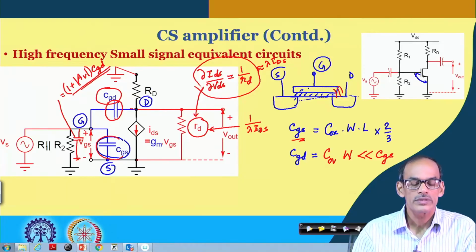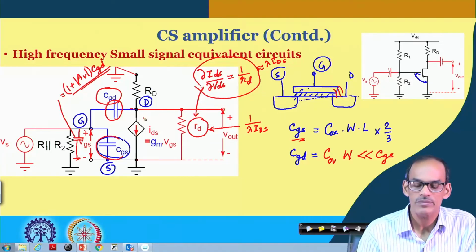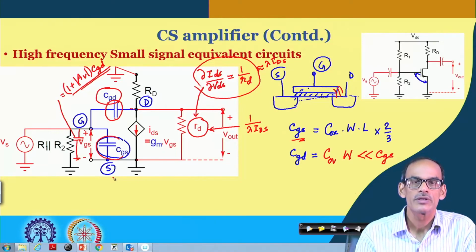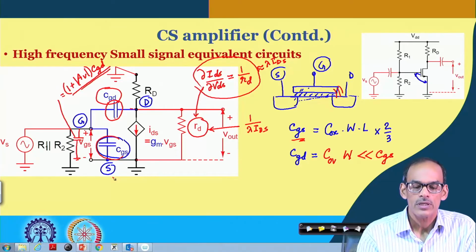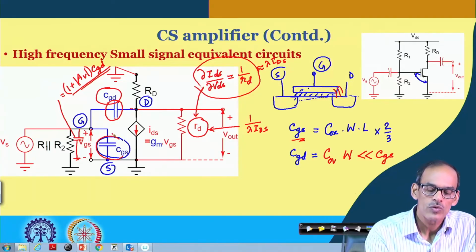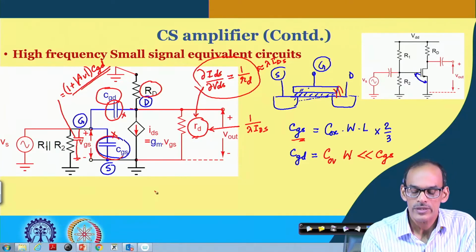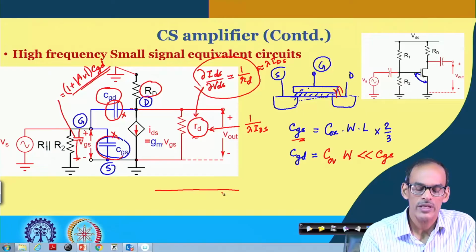So, as I said, this model gives us the high frequency model, and whenever we talk about frequency response of the circuit, in the mid frequency region we may ignore these two parts, and in case it is a resistive load, we may ignore this part as well, and then we get the mid frequency gain.